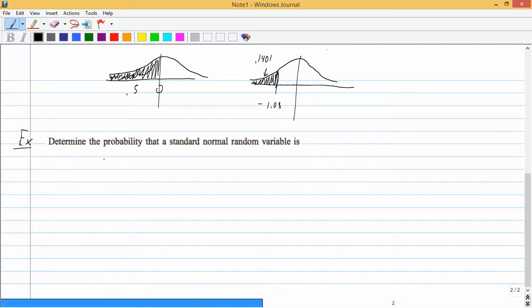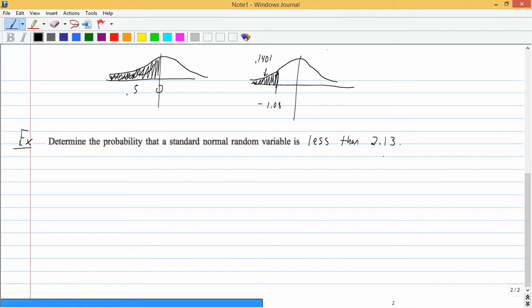Alright, so determine the probability that a standard normal variable is less than 2.13.